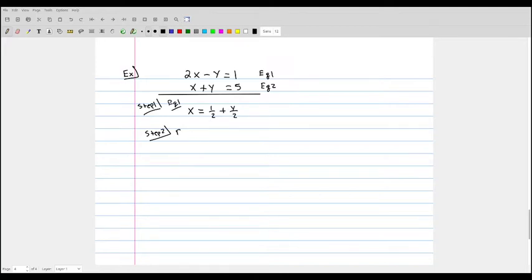When we plug in for x, where x is equal to 1/2 plus y over 2, into x plus y equals 5, we get 1/2 plus y over 2 plus y, which is 3/2 times y, is equal to 5, or 3/2 y is equal to 5 minus 1/2, or 9/2.